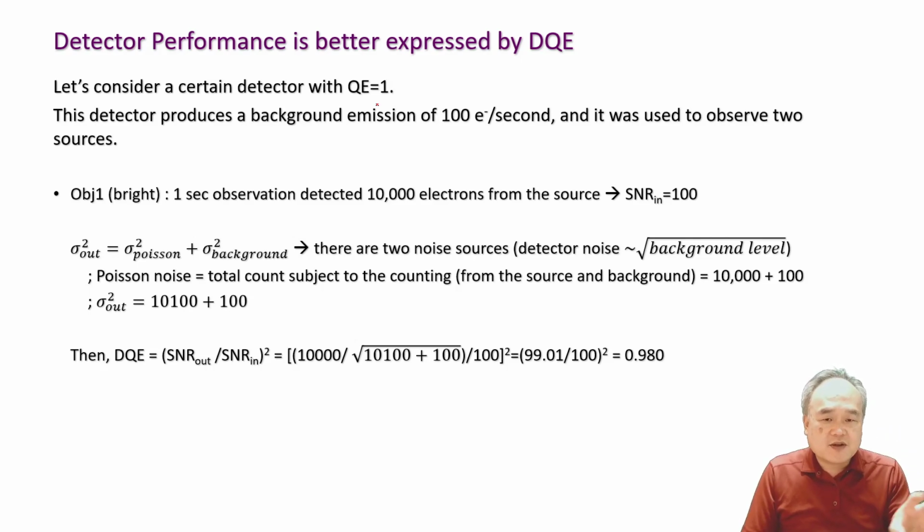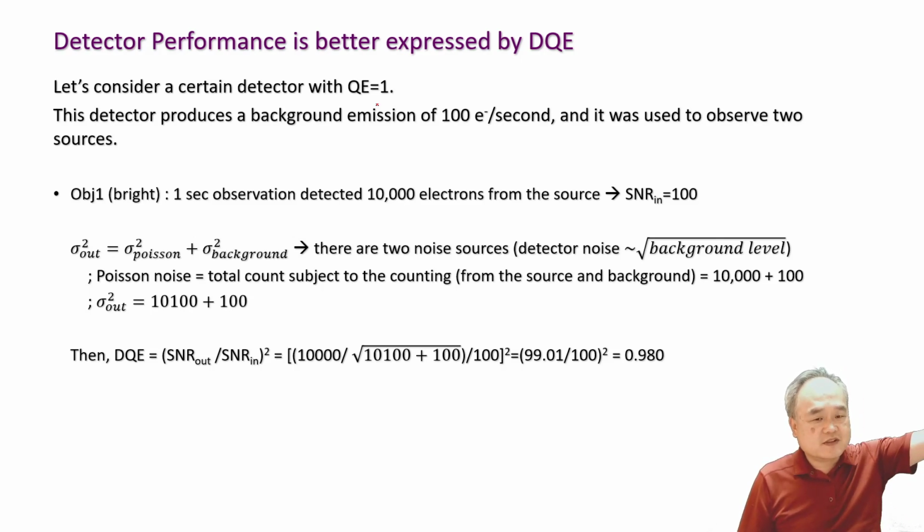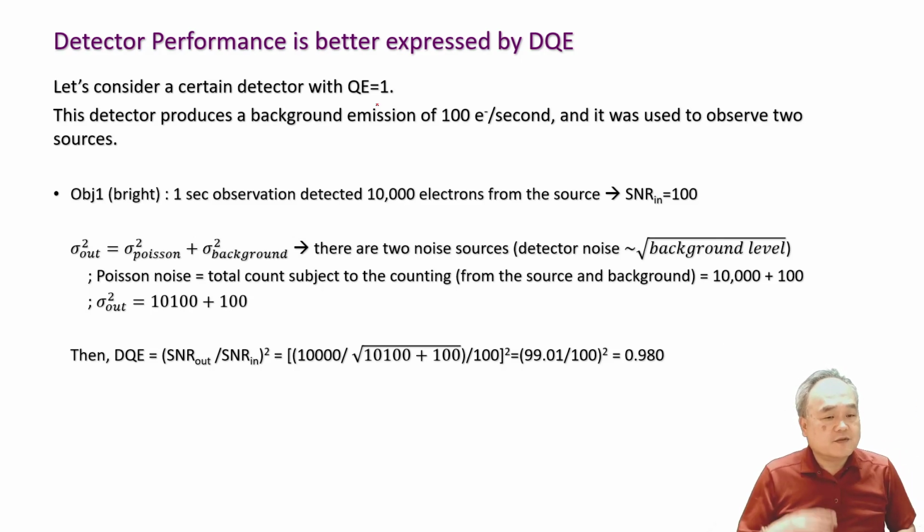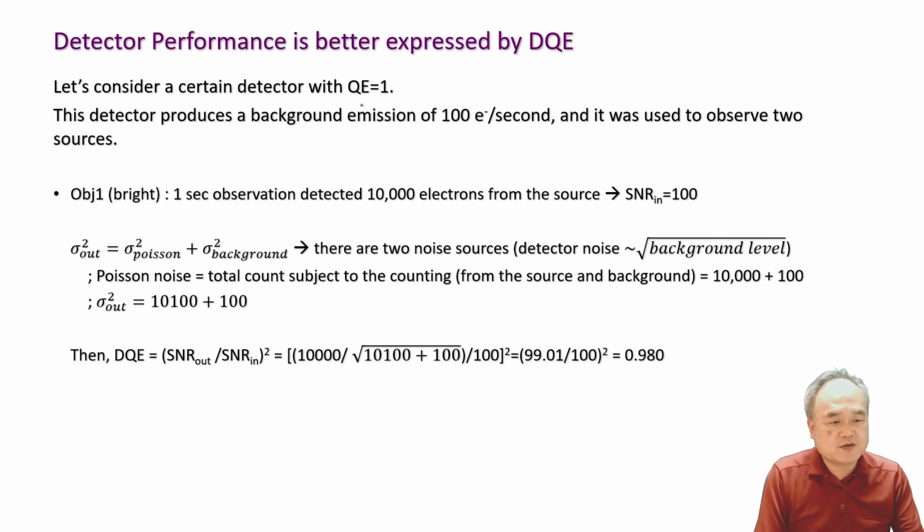But although its QE is 1, this particular detector produces background noise. As we will see later on, this background noise can be readout noise, dark current noise, or come straight from the sky background. Without really specifying the source of this background noise, let's assume that this detector is somehow producing a background noise level of 100 electrons per second.